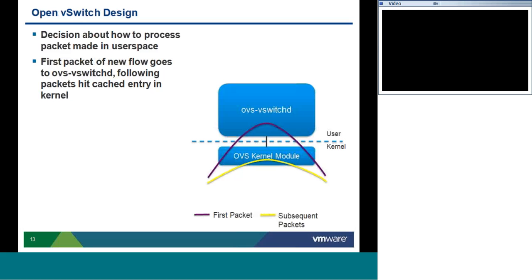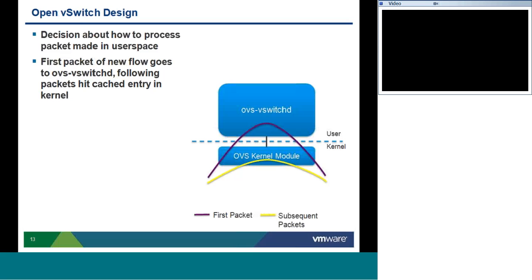So for the kernel module, one of the things that we did in the Megaflow design was that we said there could be no overlapping flows. I don't know how much we want to get into the details, but we basically have a set of hash tables that we look up in the kernel module.